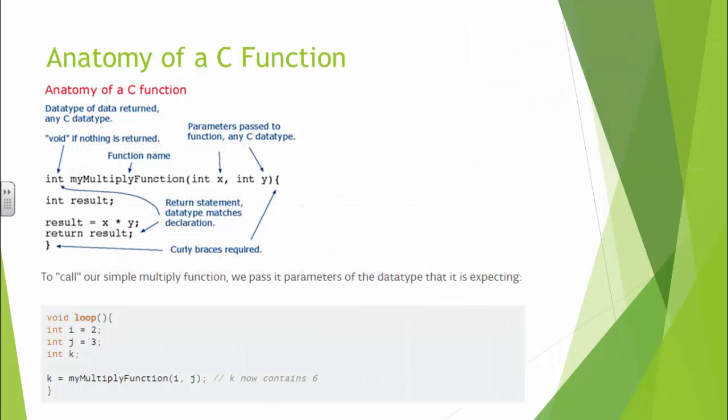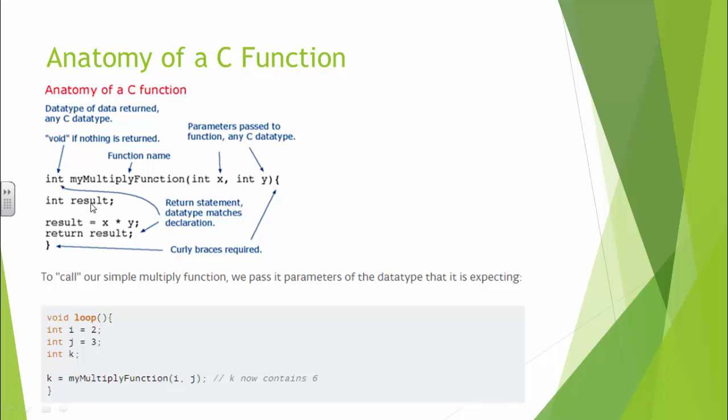I won't claim that I made this gorgeous graphic. It came from the Arduino reference on functions, but it gives us an anatomy of a given function. We have some code within curly brackets that includes what happens. It includes given values that will be returned.